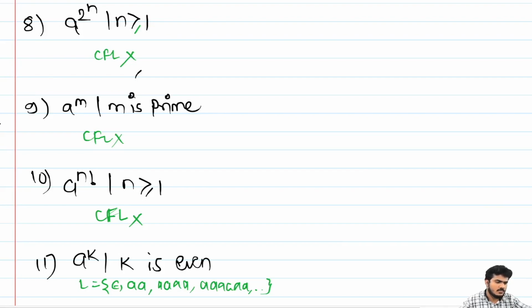Okay, k is even, so I am getting a pattern, and whenever I get a pattern, I am able to design a finite automata, because we put that pattern in a loop. Designing a finite automata is possible for this language. So this is a regular language, and whenever the language is regular, that is DCFL also and CFL also.